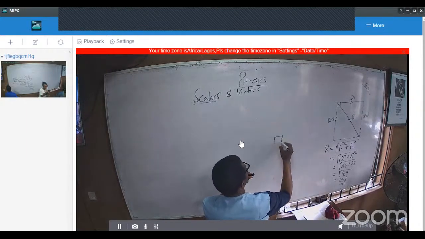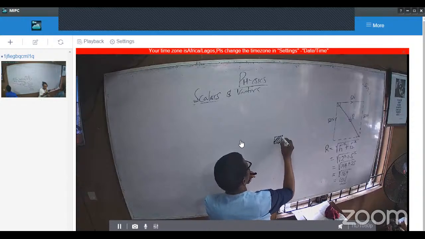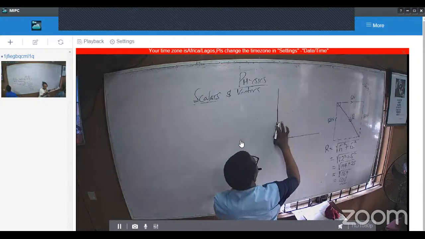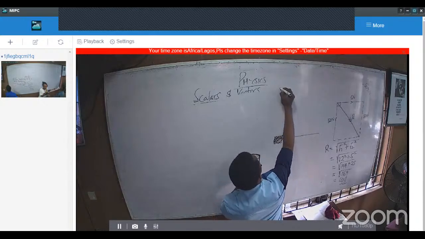So you have a body here. Classwork. Find the magnitude of the resultant force shown in the figure below.